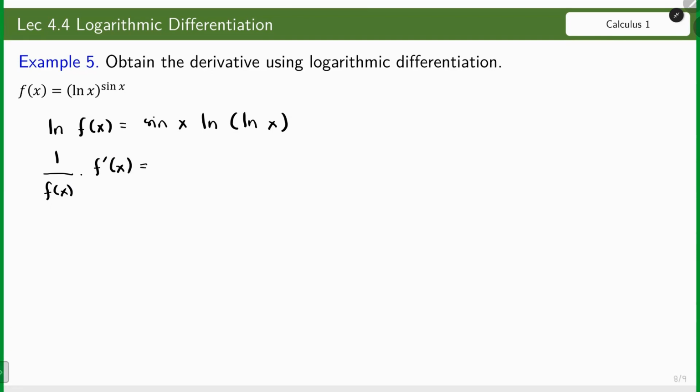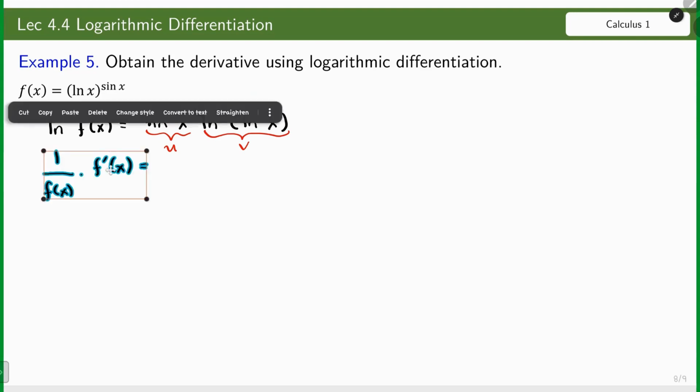And then how do we get the derivative of this? So this is u and then this is v, a product. Be careful because the v is ln of ln. There's an ln inside the ln function. So how do we get the derivative of this?